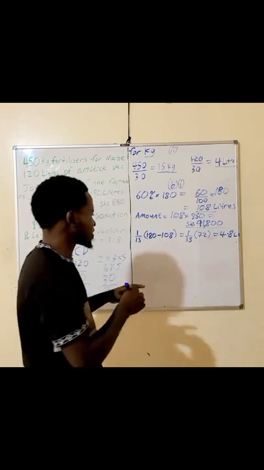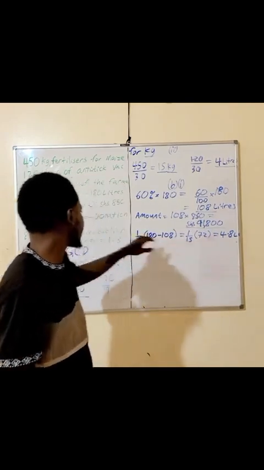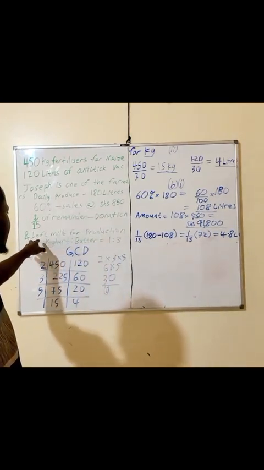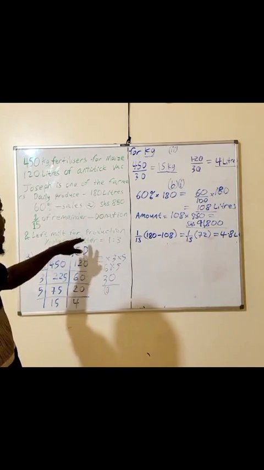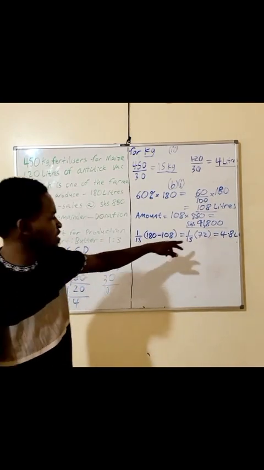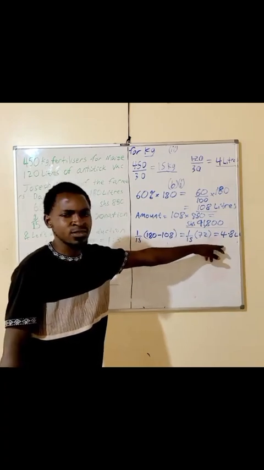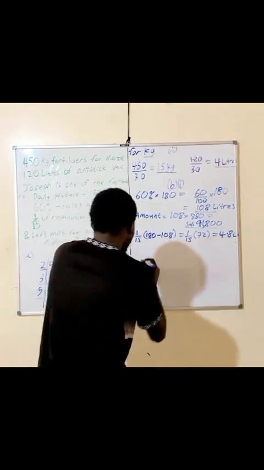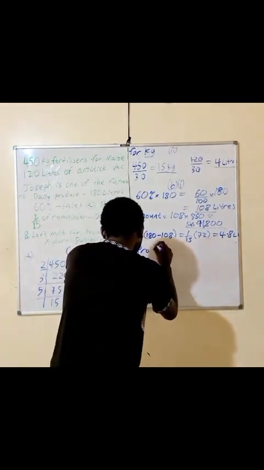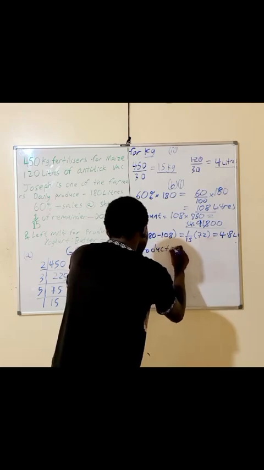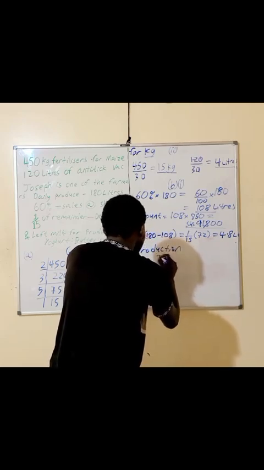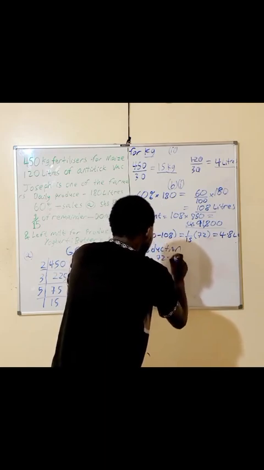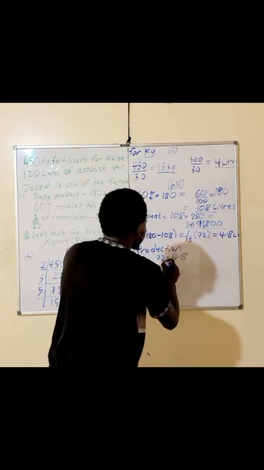So this is the amount of liters that he donated, but I want the amount of liters that he used to make yogurt and butter. So I'm going to take 72 minus this to get what he used for production. For production, he used 72 minus 4.8.